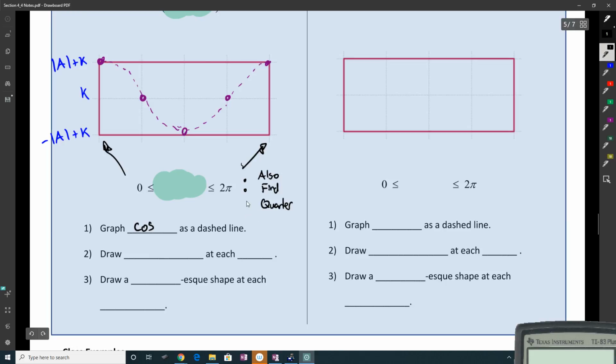We're going to draw a vertical asymptote at each x-intercept, and we're going to draw a parabola-esque shape. It's not an actual parabola, but think of it as a fat parabola at each peak or valley.